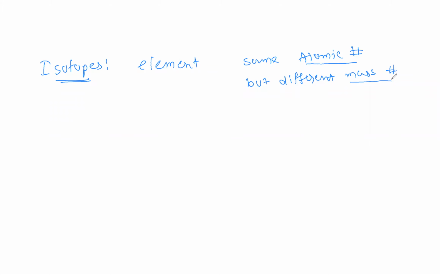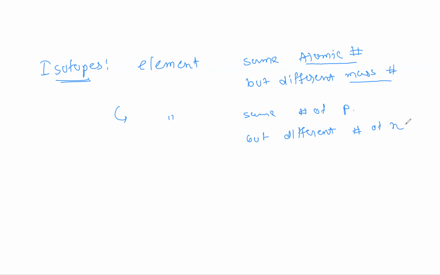So what does it mean? When you have the same atomic number, it means you have the same number of protons, right? But when we say there is a different mass number, what does it mean? It means the only difference is going to be a different number of neutrons. Does it make sense? So when we say this, we can say that it is an element that has the same number of protons, but it has a different number of neutrons.